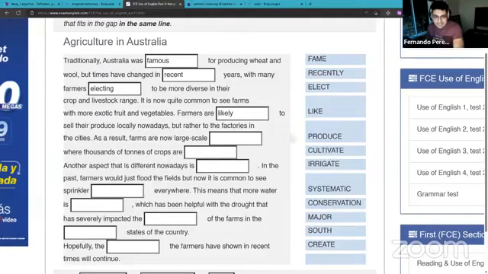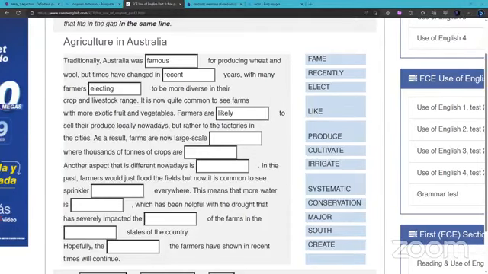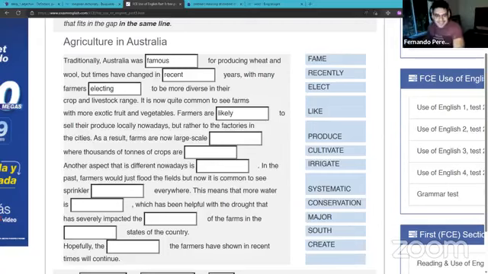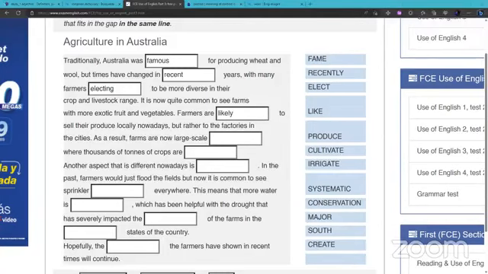Next one, let me check with Jimena. Okay. Farmers are likely to sell their product locally nowadays, but rather to the factories in the cities.